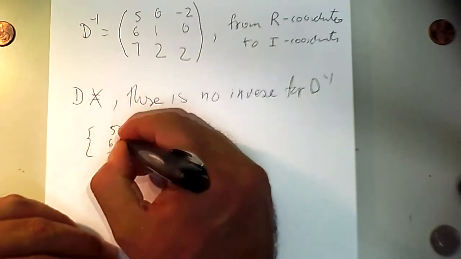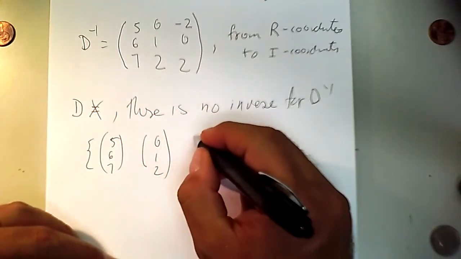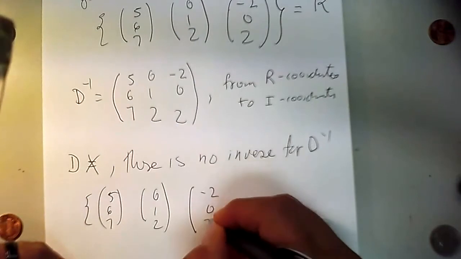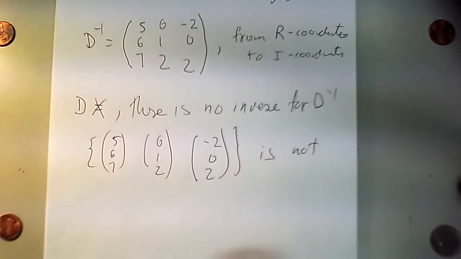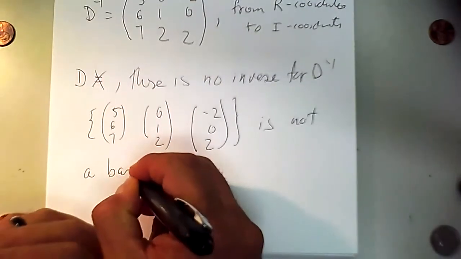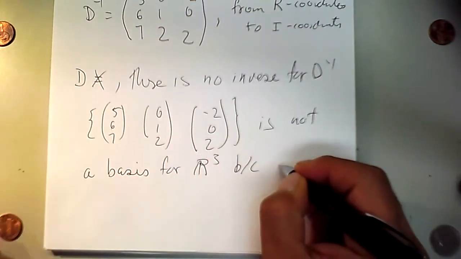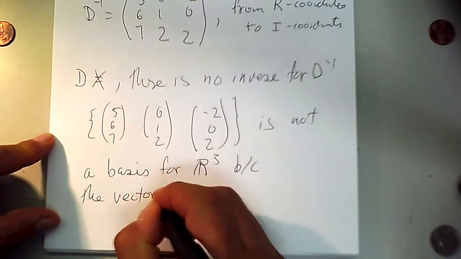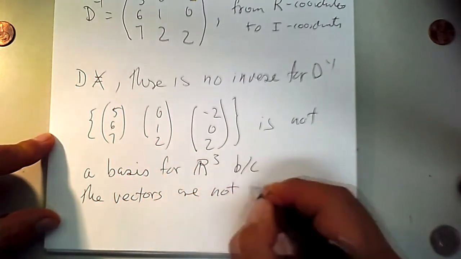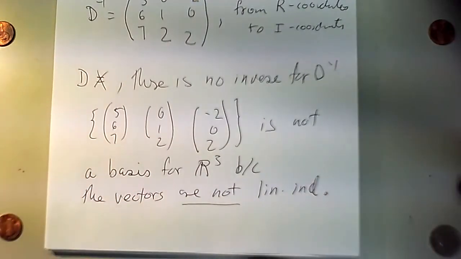So 5, 6, 7, 0, 1, 2, and -2, 0, 2 is not a basis for R cubed, because the vectors are not linearly independent.